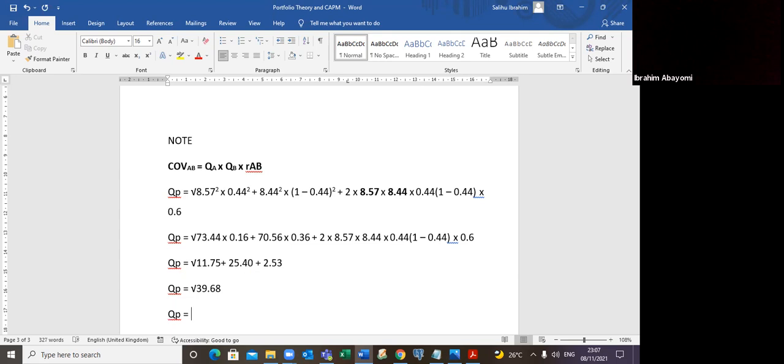So 6.3. That is the risk of this portfolio.